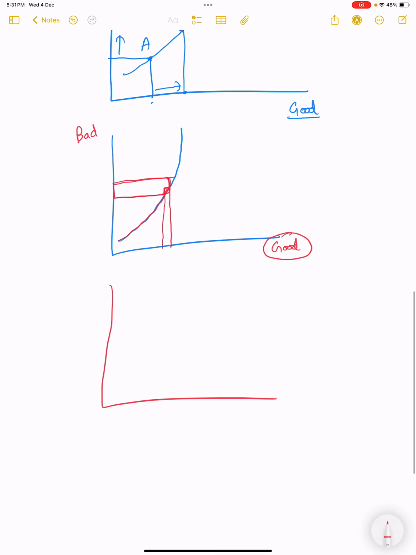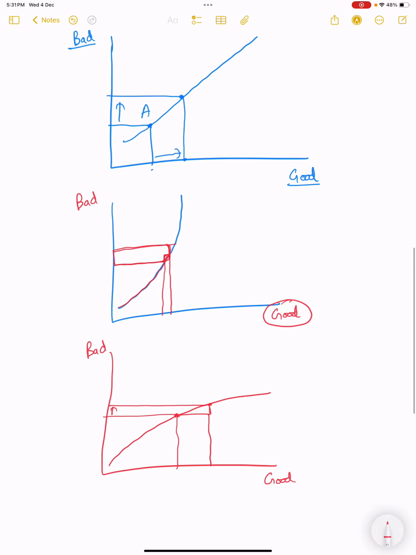Similarly, on the other hand, suppose you are at this point and you get to this point, so you need a higher amount of the good commodity to compensate for the small increase in the bad commodity. So the bad is very bad for you. You can interpret it in this manner, that it's leading to a very high fall in marginal utility.